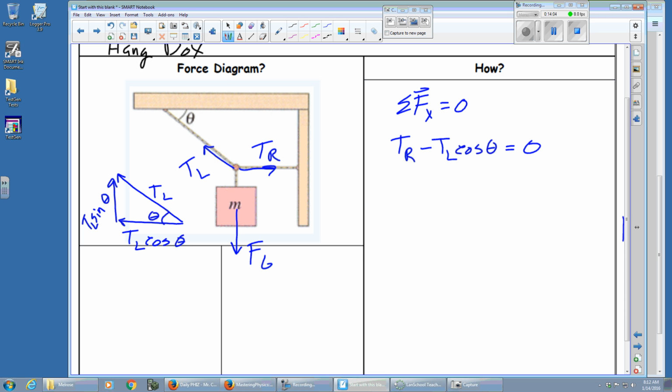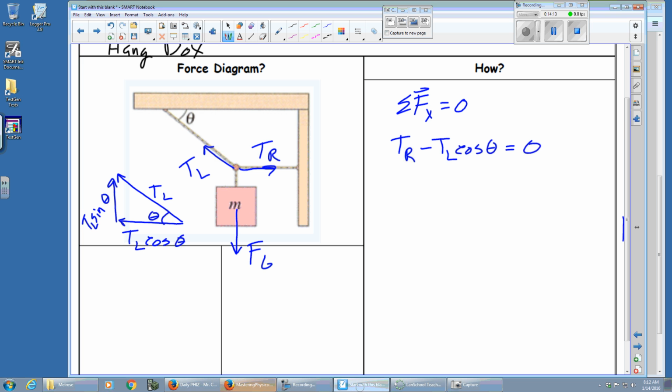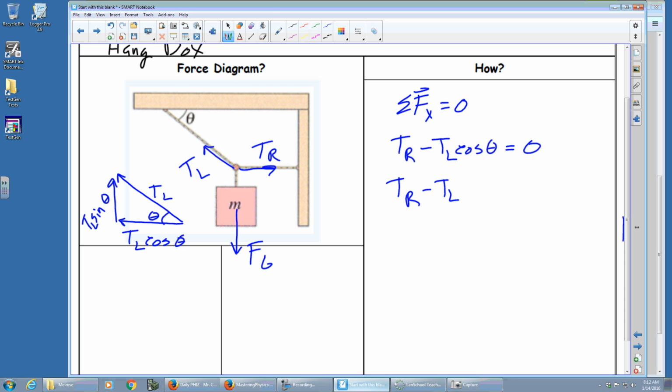Let's see what numbers I know. I know the mass of the box, and I know my angle. For me, 54.9. So I can go as far as TR minus TL cosine of 54.9 degrees equals 0, but I can't go any further at this point from my X direction.